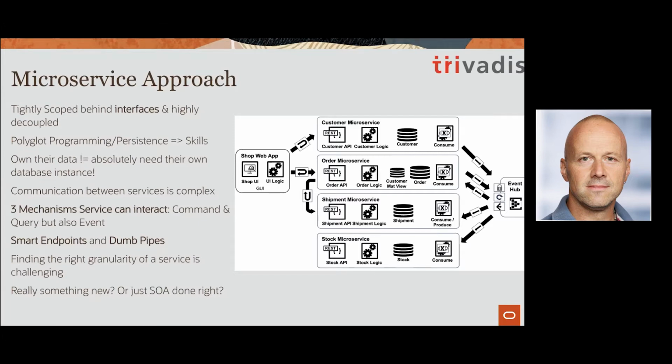In the picture on the right, where you see the order microservice and shipment microservice, these are typical bounded contexts you often find. If the order microservice thinks it's now time to ship the product, it can give a command to the shipment microservice: ship that order. So this is a command style.